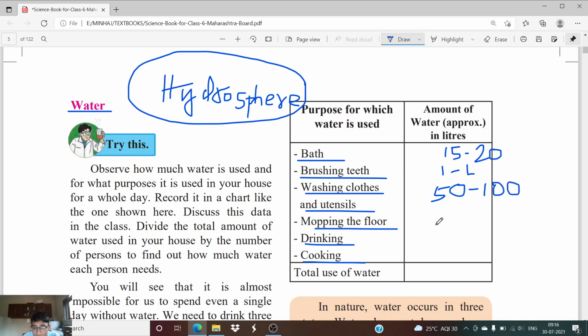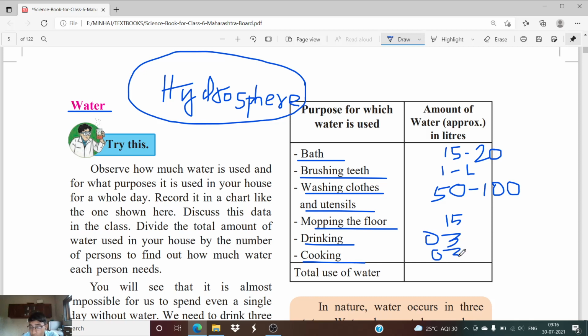Mopping the floor may also take 15 to 20 liters, or say 15 liters. For drinking, we have to drink at least 3 liters of water, and for cooking we will take the same amount.